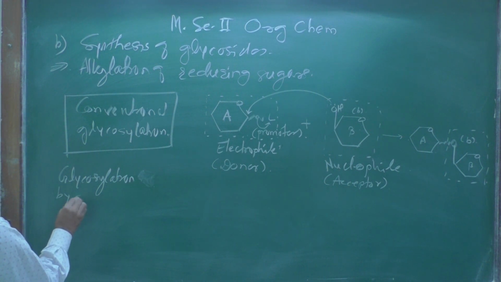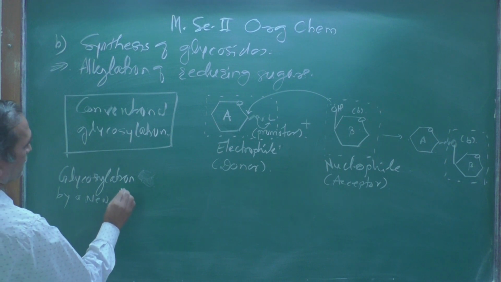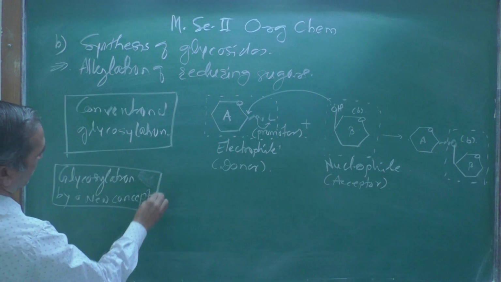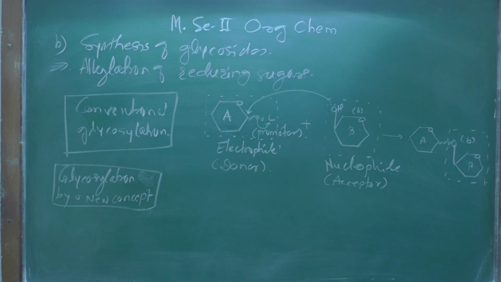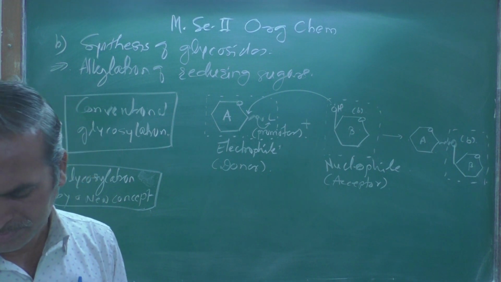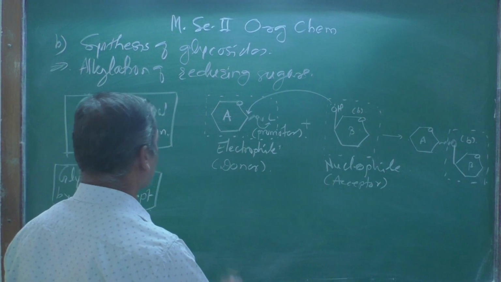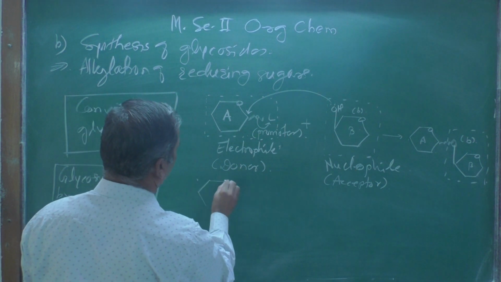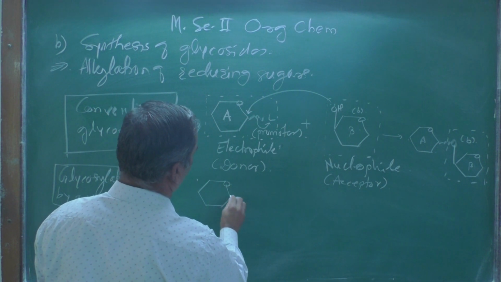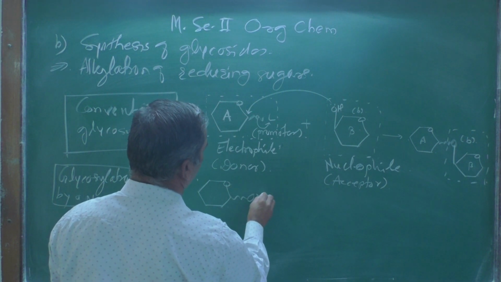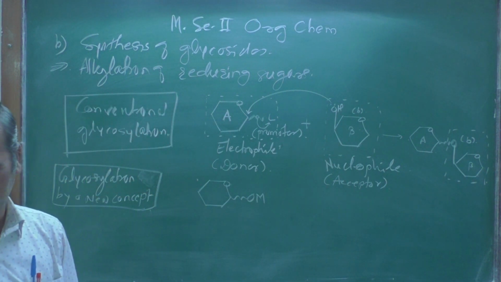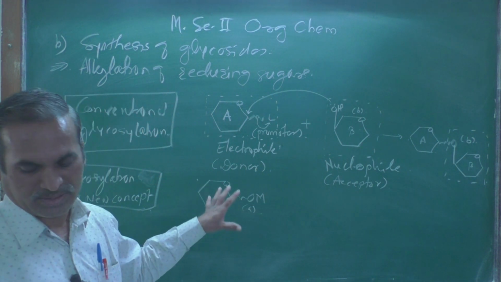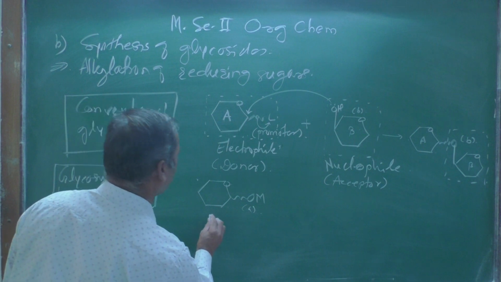Using this concept, let me draw another structure. The structure is like this, O, and here M stands for a metal, and this species acts as a nucleophile in this case.